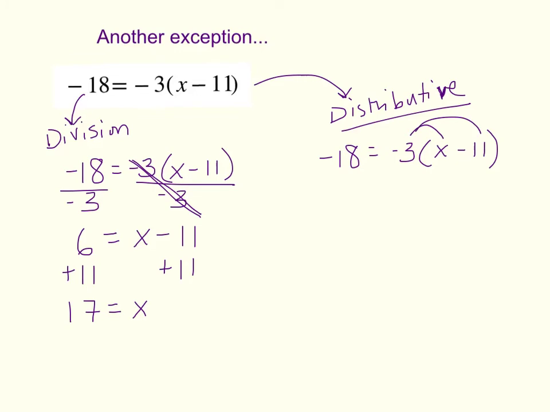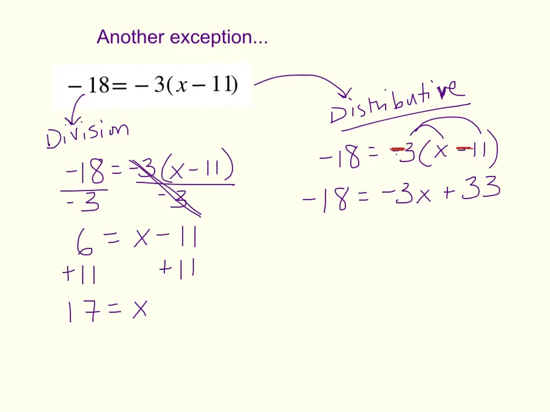Now when you distribute a negative, I want you to notice that it's like multiplying a negative times a negative right there. So yes, we do have negative 3 times x is negative 3x. But the negative times the negative turns out to be a plus 33. When you distribute a negative, that is a detail you have to watch out for.